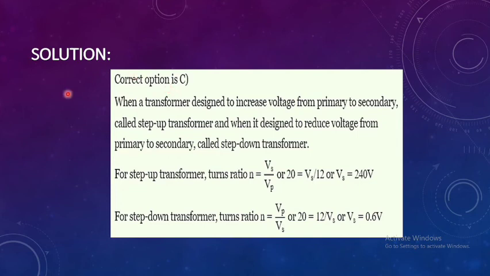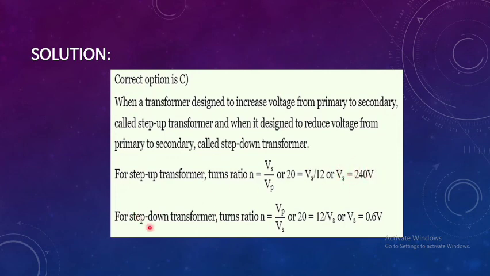So pinapataas po yung voltahe natin. So for the step-up transformer turns ratio, we have the secondary voltage divided by the primary voltage. So we have 20. So we have the secondary voltage of 240 volts.